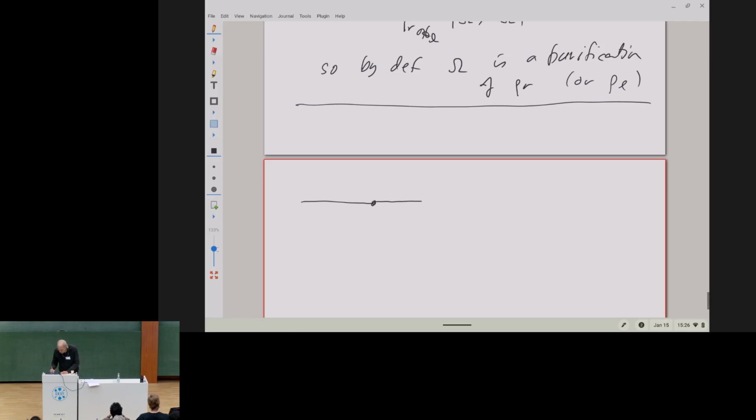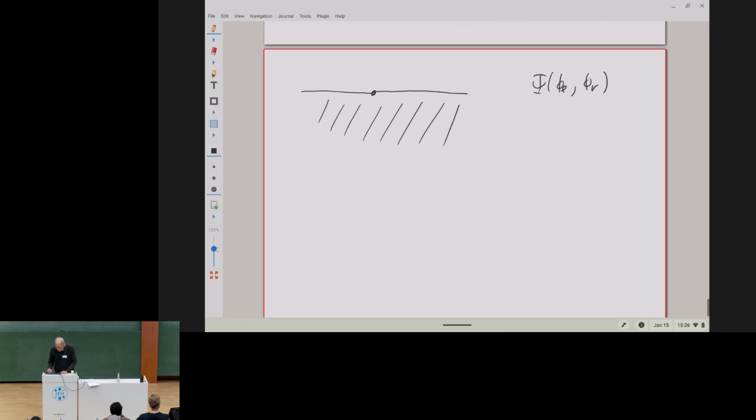There are two senses in which it's special. First of all, what is the vacuum state? The vacuum state was a function of phi left and phi right that we computed by a path integral in the lower half plane. But the lower half plane is a special case of a wedge.